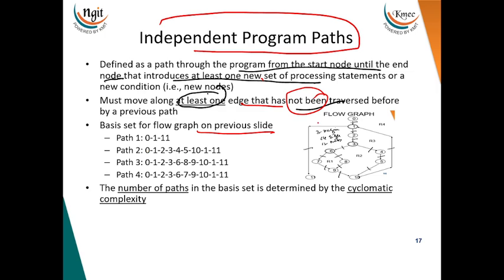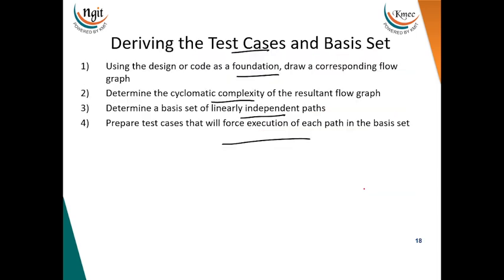Path 2 is 0, 1, 2, 3, 4, 5, then 10, and then it goes to 11 again. Path 3 is 0, 1, 2, 3, 5, 7, 9, 10, and again it goes on. So this is our basic path set, and the number of paths in the basic set determines the complexity. These are independent paths.